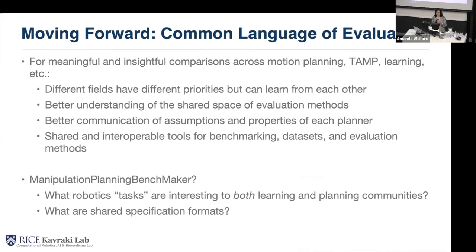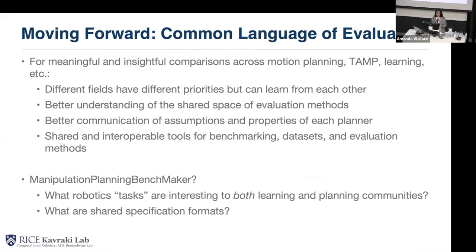These fields have different priorities, but can learn from each other. We need to understand the shared space of evaluation methods, and also a better communication of the assumptions and the properties made in each of these fields. Shared and interoperable tools for benchmarking, datasets, and evaluation methods will, of course, help.